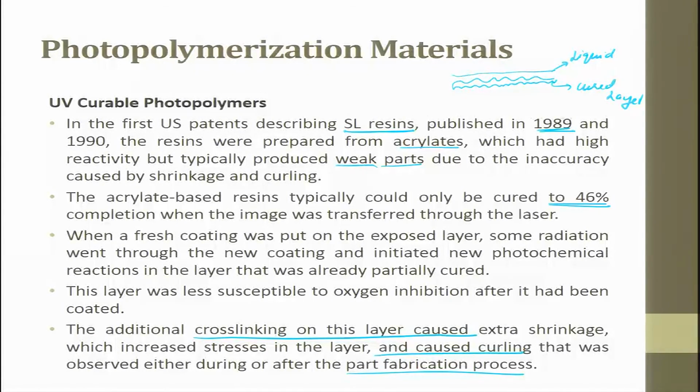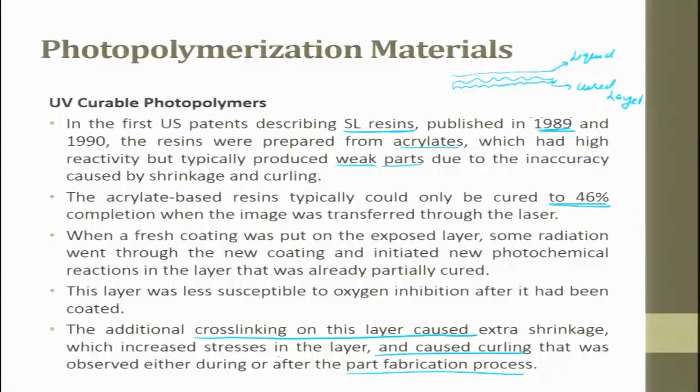The additional cross link on this layer caused extra shrinkage. Already it has formed the cross linking. Now you put one more layer and then expose it to light. This exposed light once again hits the layer which is cured. So there is an extra shrinkage which is happening, which increases the stress in the layer and causes curling that was observed either during or after the part fabrication process.